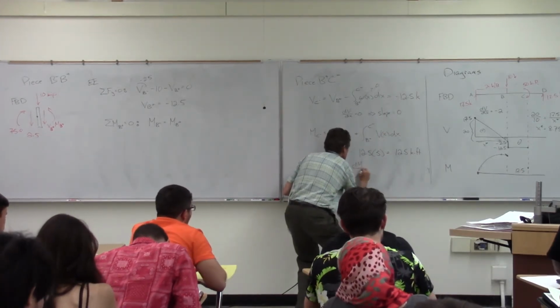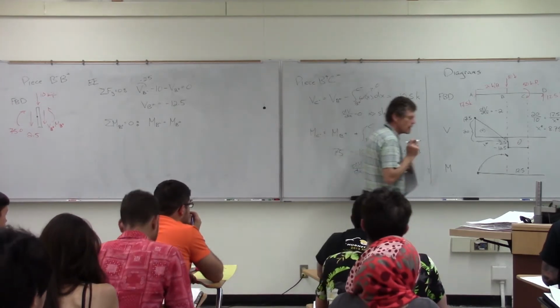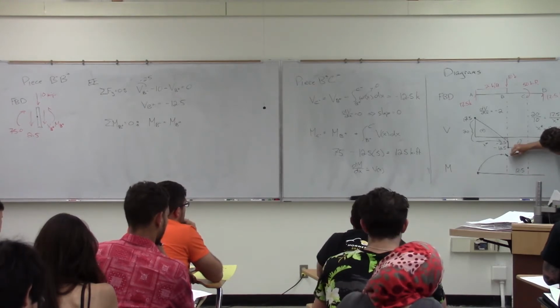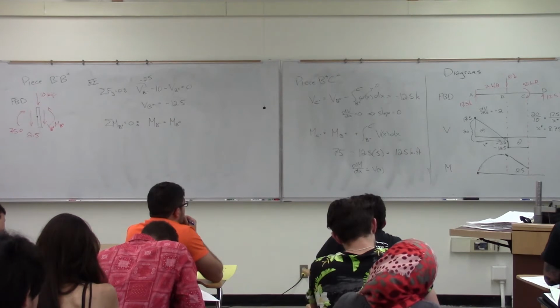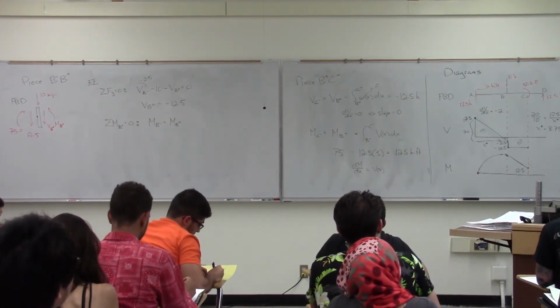What goes on in between, again, think about my moment: the slope is going to be equal to that shear. Well, it's going to be constant, which then implies that I'm going to have a constant negative slope of 12.5. So the 12.5s are not magical. That just happened to come out to that number.